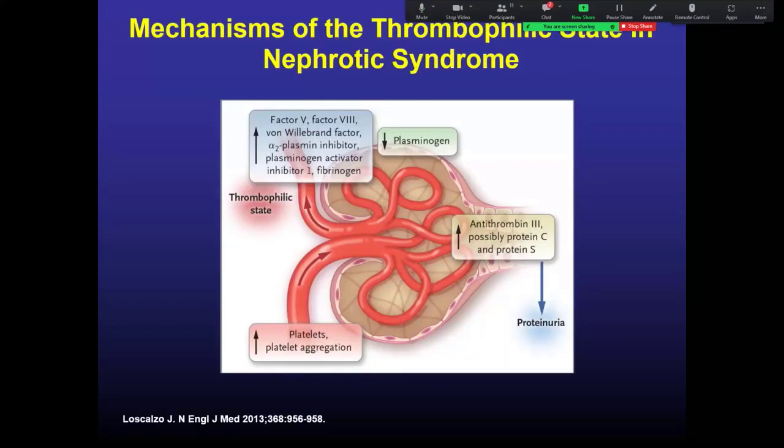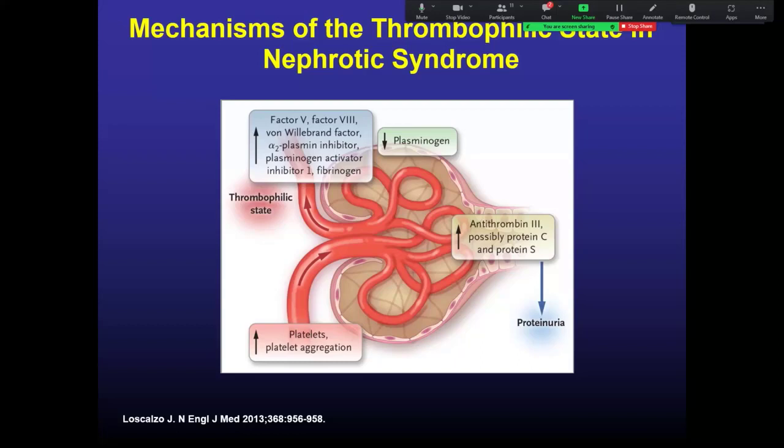Some of the mechanisms of thromboembolism in patients with nephrotic syndrome are that there are increased thrombophilic factors. So you have increased factor 5, factor 8, von Willebrand factor, and fibrinogen. Part of this is because of increased production, and also some of these are bound to albumin, and in the low albumin state you have higher circulating levels.